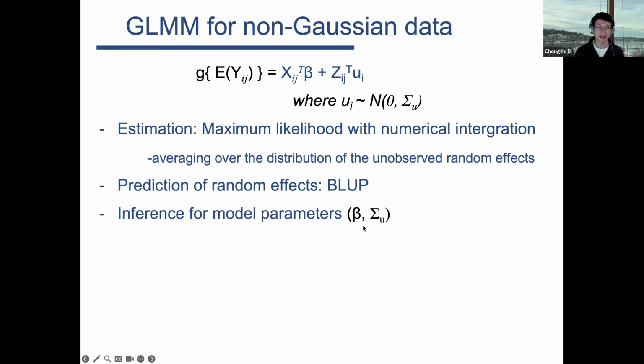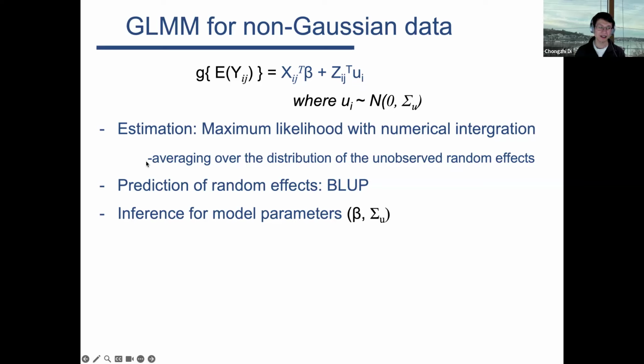And in terms of how to estimate, it's actually not that easy. It's somewhat challenging. In the statistical literature, in the past 20 years, there have been different methods of estimation for the model. Generally speaking, people wanted to still do some sort of maximum likelihood, but because it involves random effects, we have to average over the distribution of the unobservable random effects.